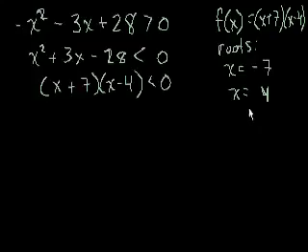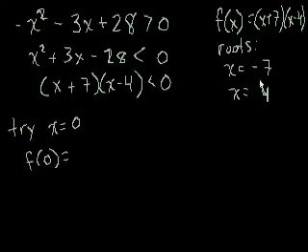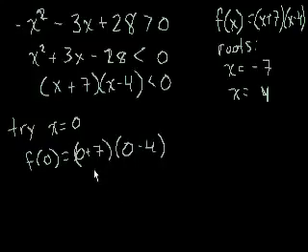So let's pick a number that's between x equals minus 7 and x equals 4. Well, let's try x equals 0. f of 0 is 0 plus 7, times 0 minus 4, which is 7 times minus 4, which is minus 28.